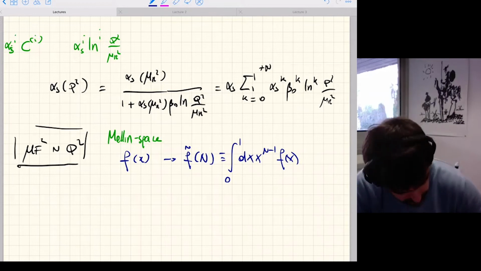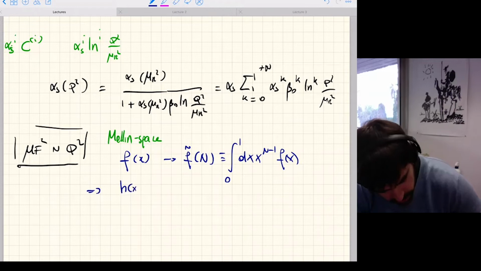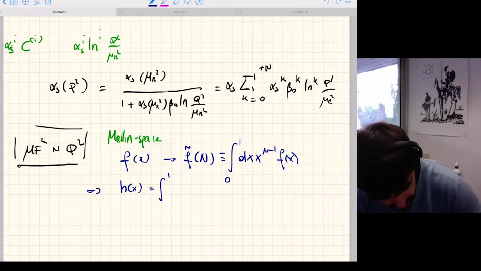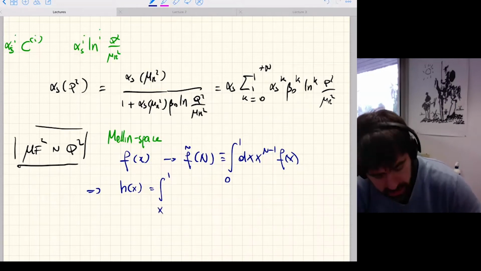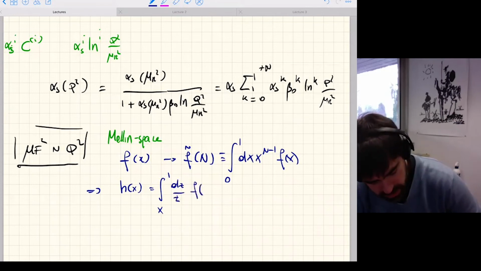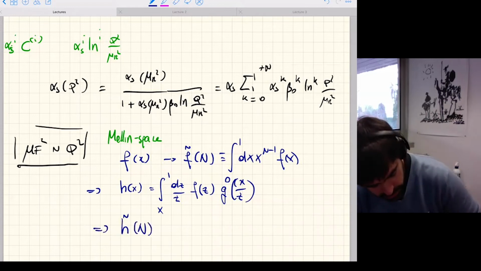Now, a crucial property of the Mellin transformation, which I invite you to show, is that if I have a convolution product, then in Mellin space this convolution turns into an ordinary product.